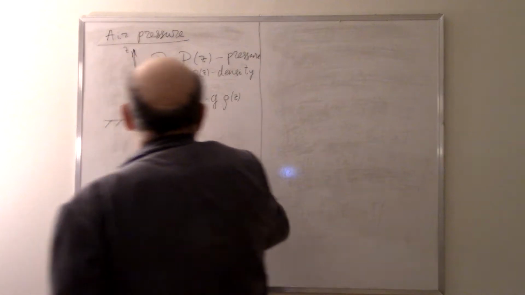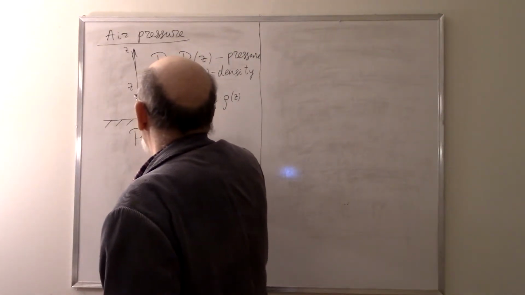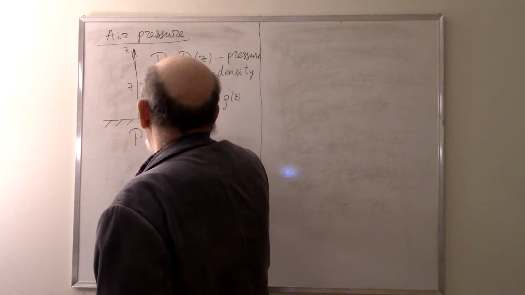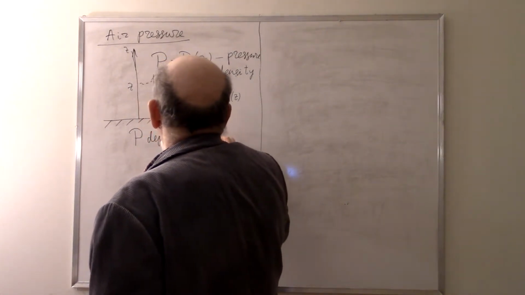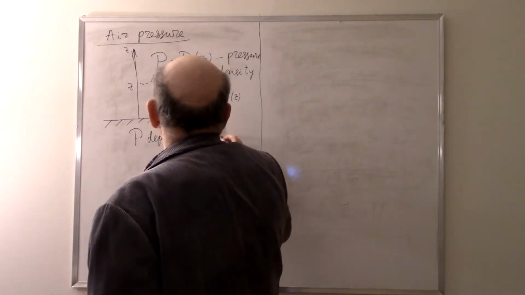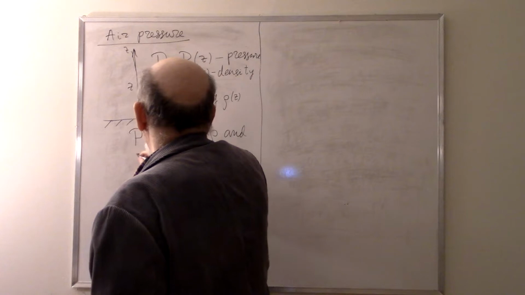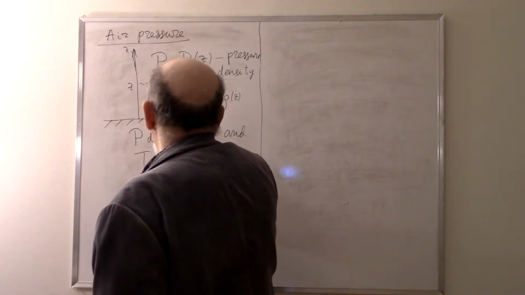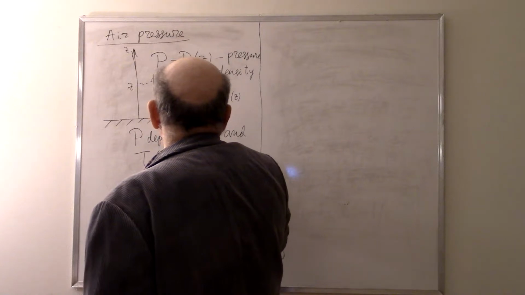Now we can express it in the following form. P depends on rho and the temperature T, the absolute temperature.